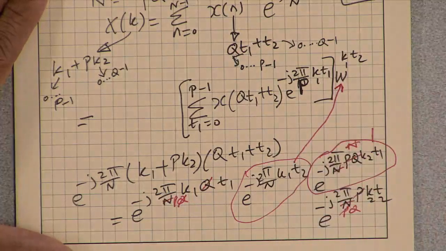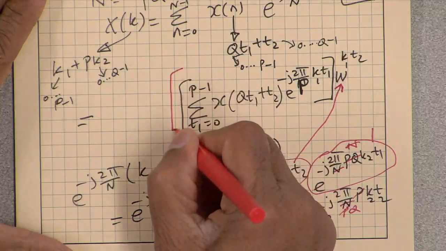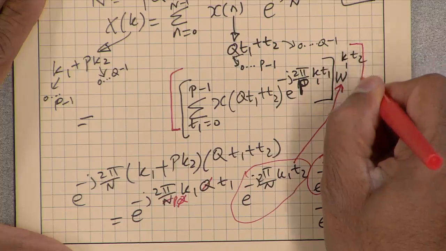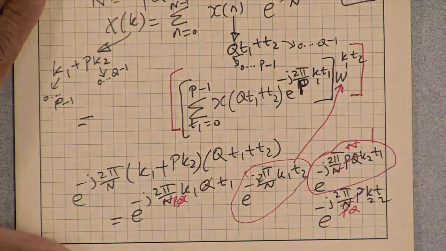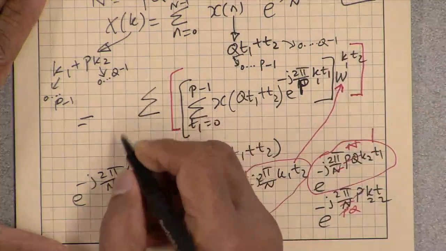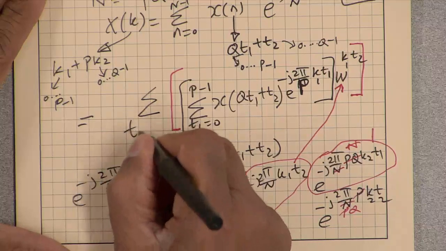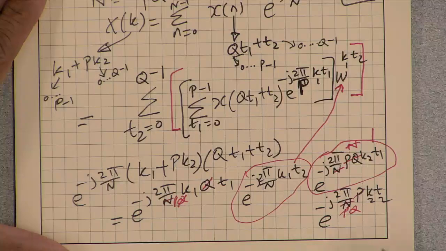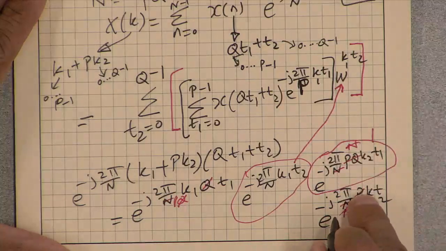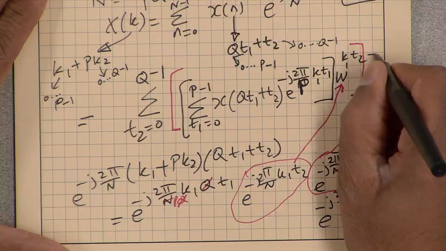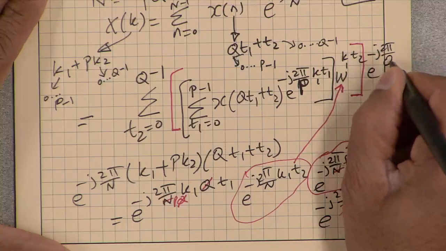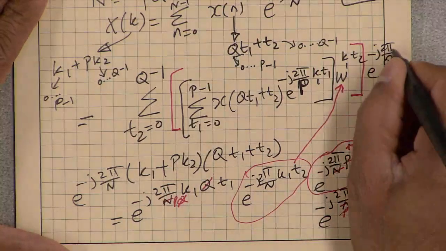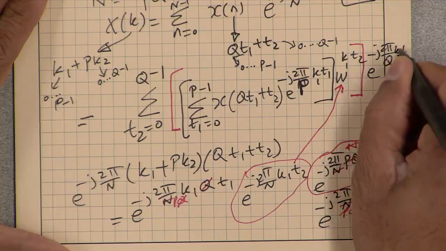Once we multiply by twiddle factors, then let's put this in a bracket. Then we take the outer sum, from T2 equal to 0 to Q minus 1, times e to the power minus j 2 pi by Q times K2 T2.